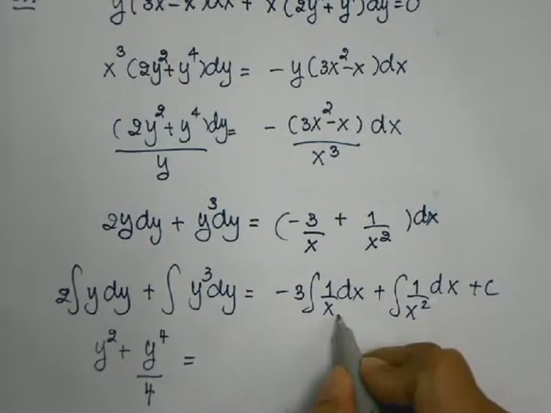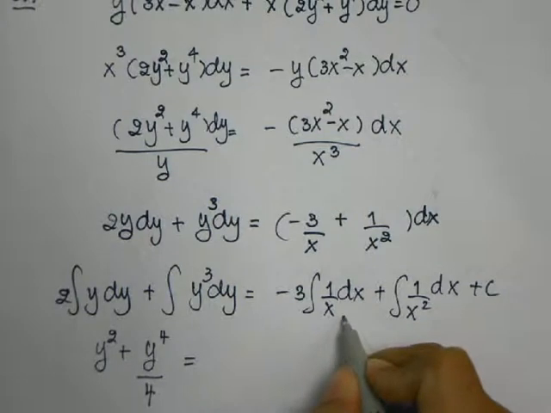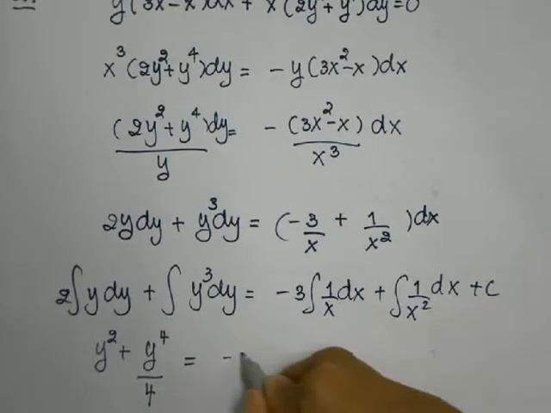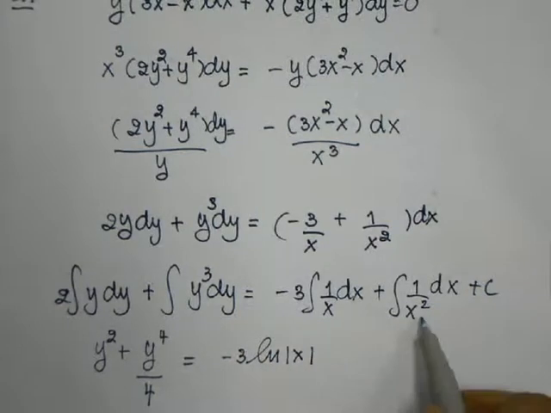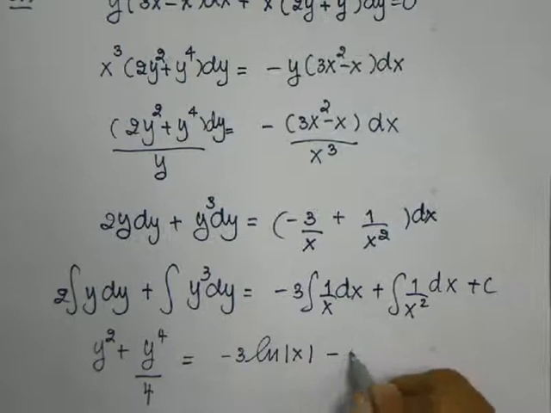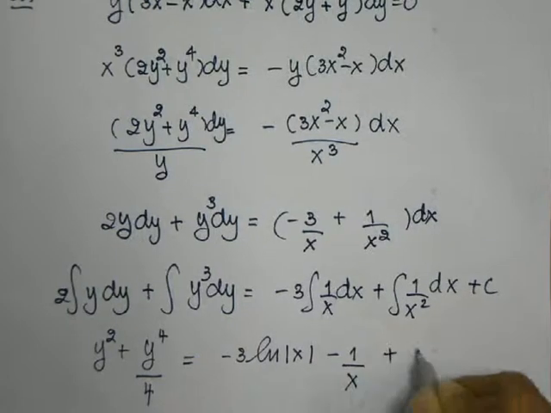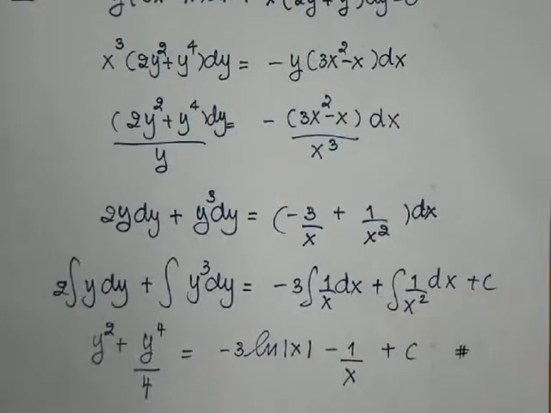This one, negative 3 ln x. This term, negative 1 over x plus c. Any questions?